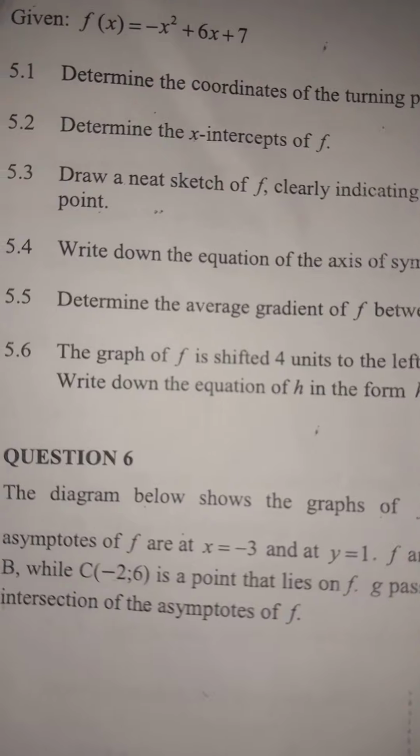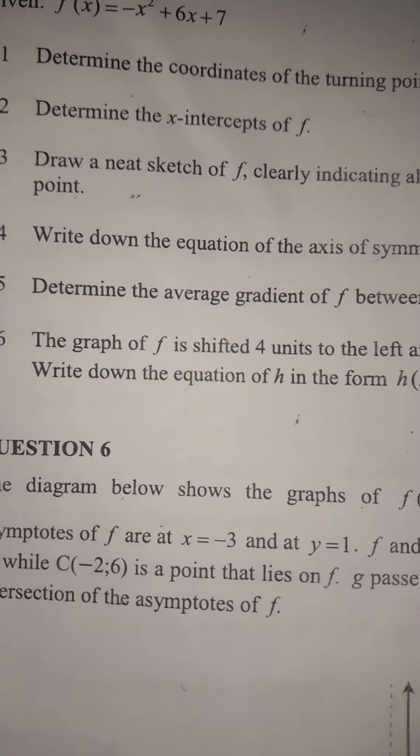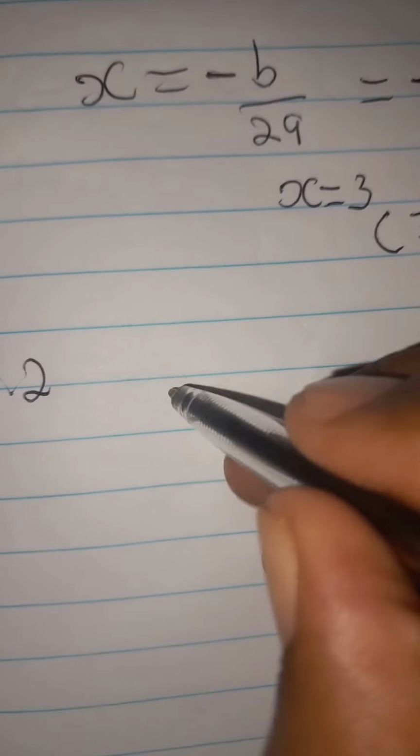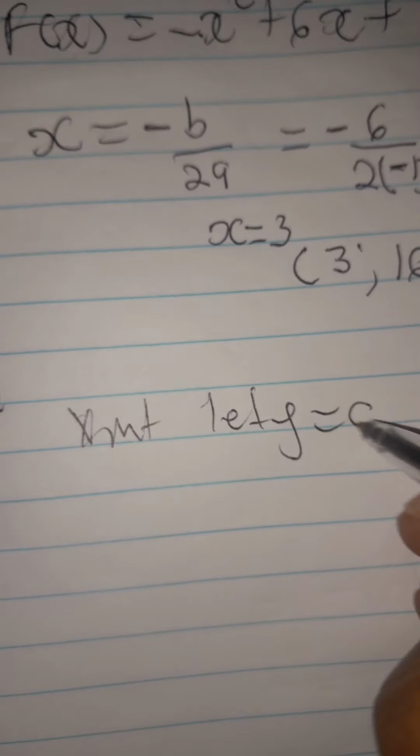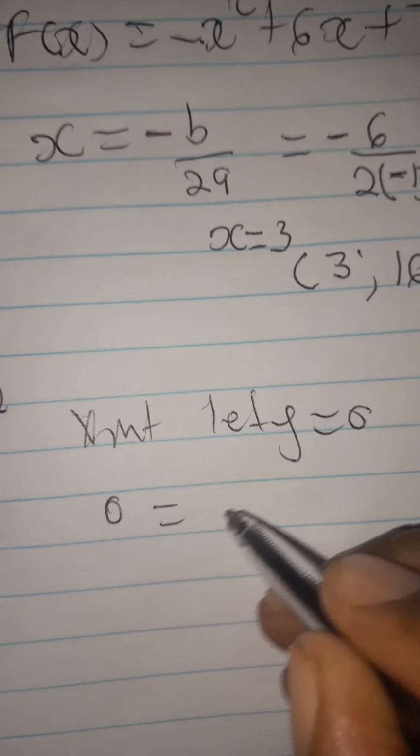At 5.2, we are required to get the x-intercepts of f. For the x-intercepts, you let y be 0, meaning that where there is f of x, we place 0.